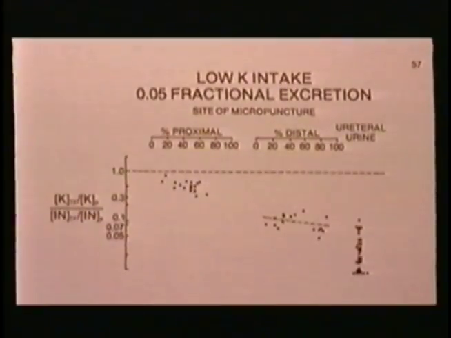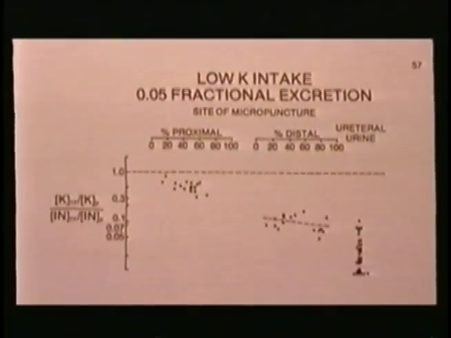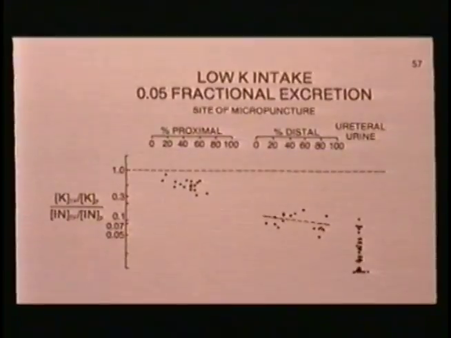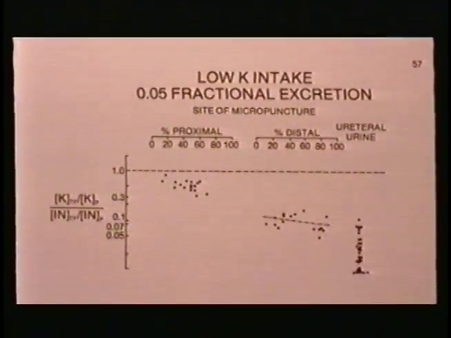Actual results of such measurements made in rats fed a low potassium diet and excreting about 0.05 or 5% of filtered potassium are shown. Of the total amount filtered and entering the proximal tubule, about 0.3 remains at the end of the proximal tubule.